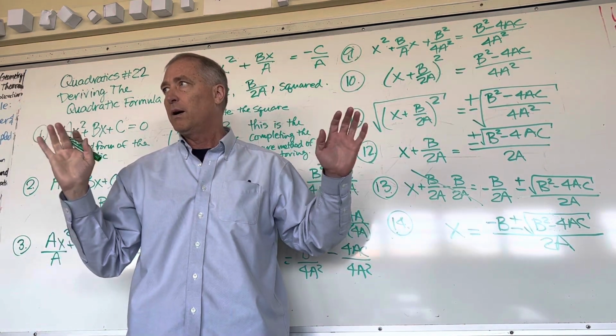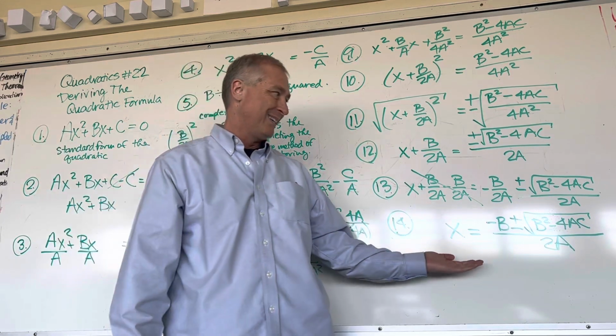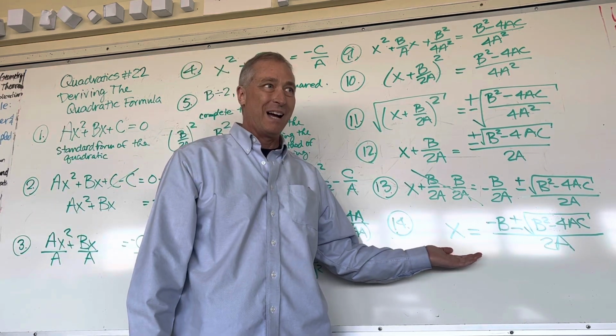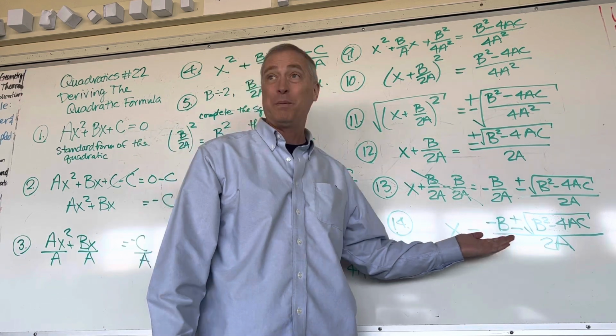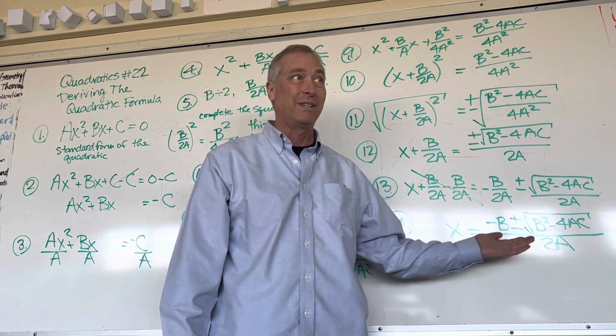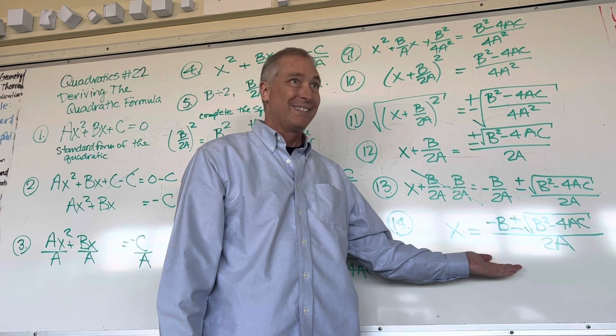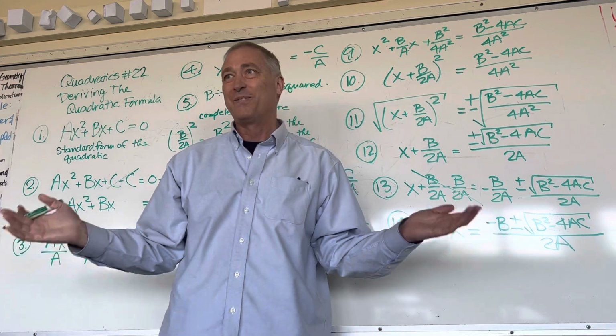Everybody go. Do you see it? Do you see what we've got? Do you remember the quadratic equation? X equals negative b plus minus radical b squared minus 4ac all over 2a. That's it. That's where it comes from. We derived it.